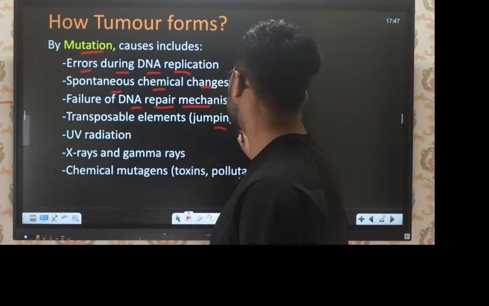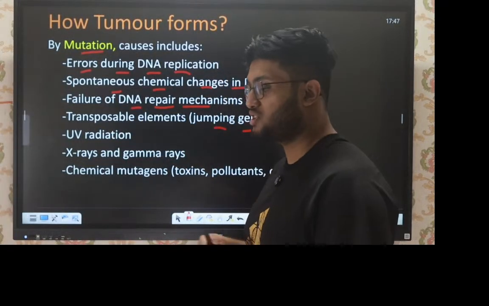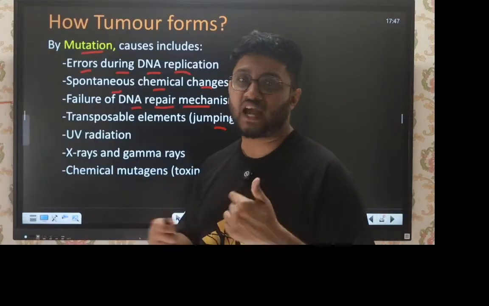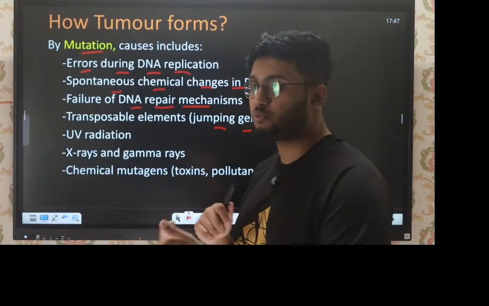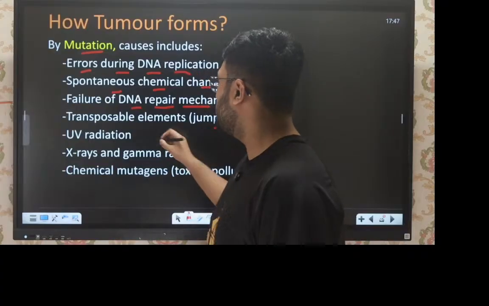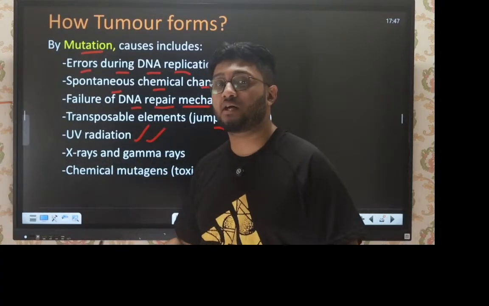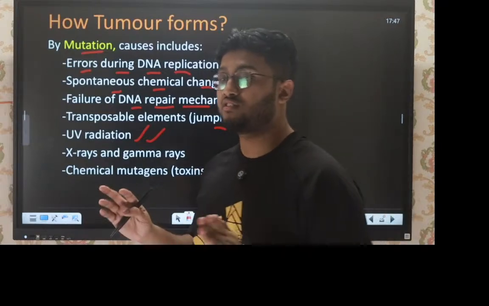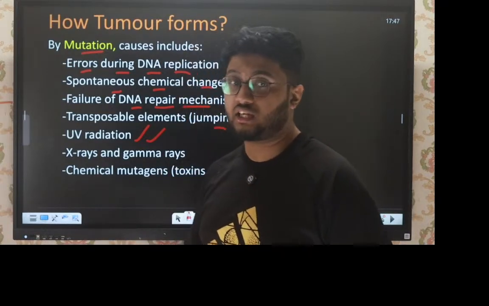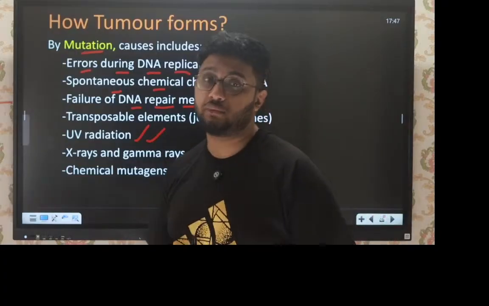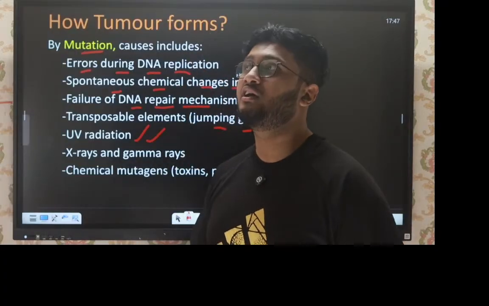Transposable elements, for example, jumping genes. Let's say genes are just not acting right. They're moving sporadically in different directions. UV radiation, very important. UV radiation, X-ray radiation, all types of radiations. Radiations are not good. They are the number one single cause of mutations. A good example could be Chernobyl.